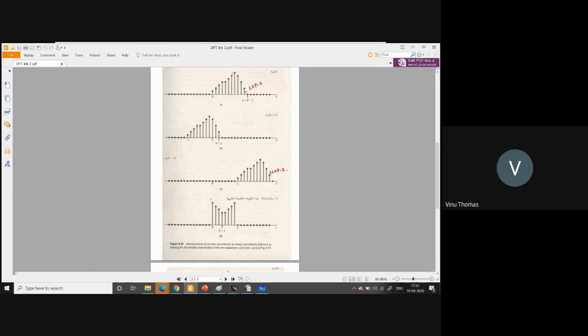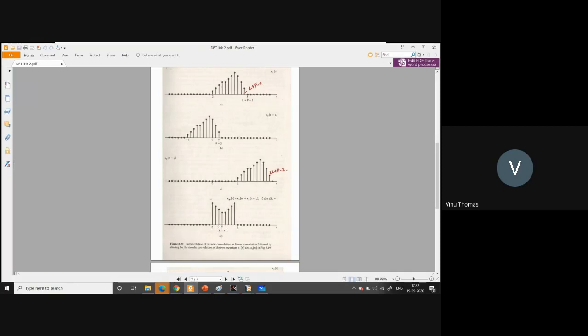As verified for this example, you see that the first 3 samples are incorrect when you compare X3 of n and X3p of n. The samples numbered 0, 1, 2 are incorrect, and samples numbered 3, 4, 5, 6, 7 are correct. That is the samples from P minus 1.